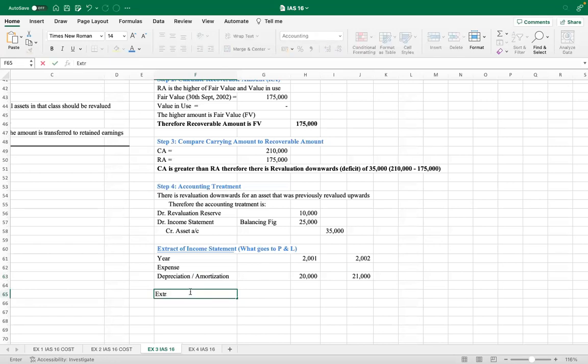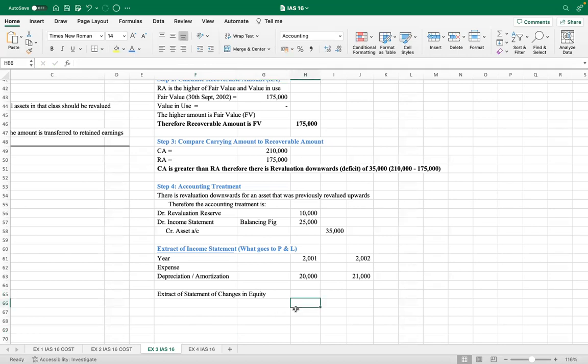Next, extract of statement of changes in equity. Okay, extract 2001 and we have 2002.